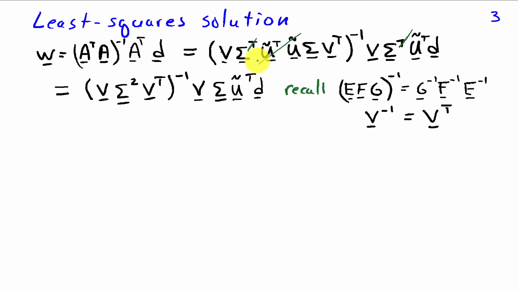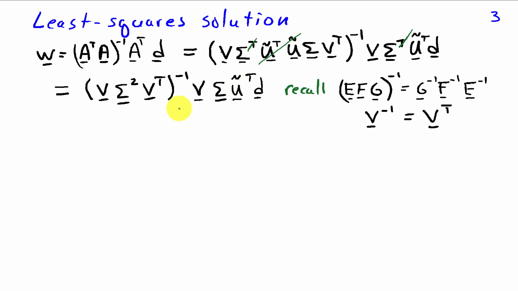Well, we can recognize that since the columns of U tilde are orthonormal, U tilde transpose U tilde is the identity, and since sigma is a diagonal square matrix, sigma transpose is equal to sigma, so we can reformulate this expression for the weights as V sigma squared, so that's sigma times V transpose, quantity inverse, V sigma U tilde transpose D.